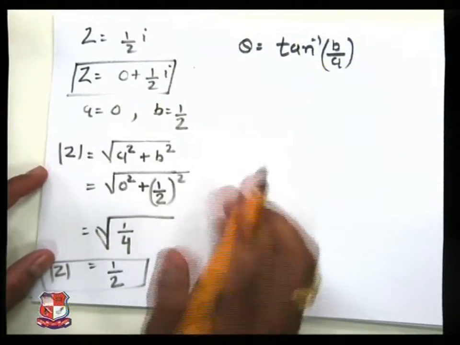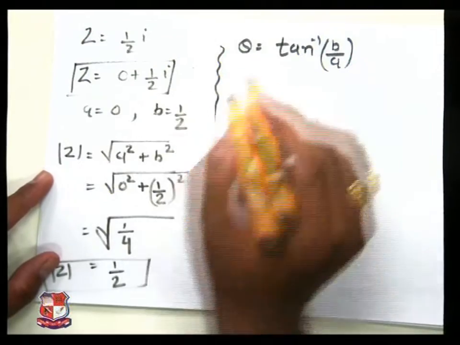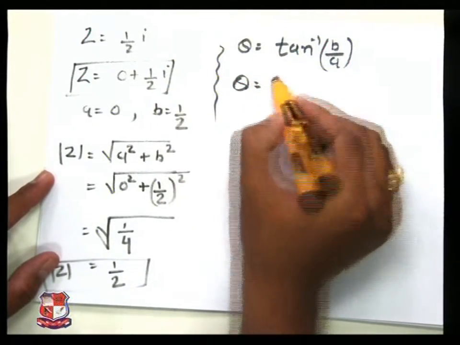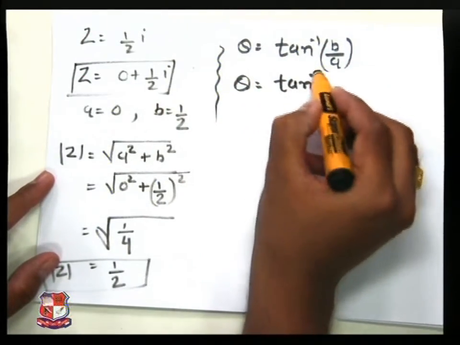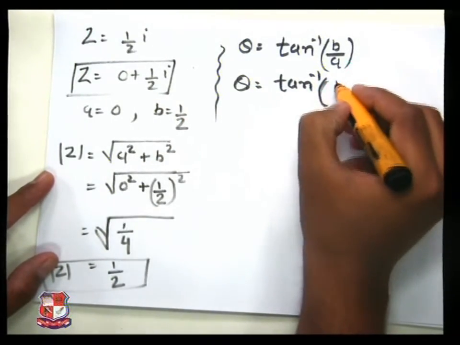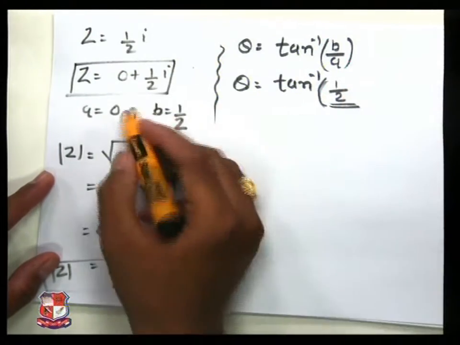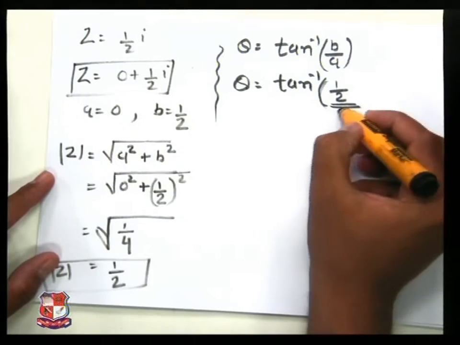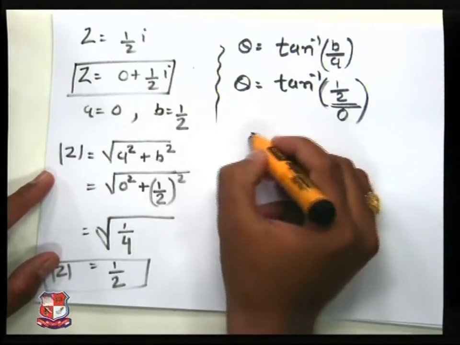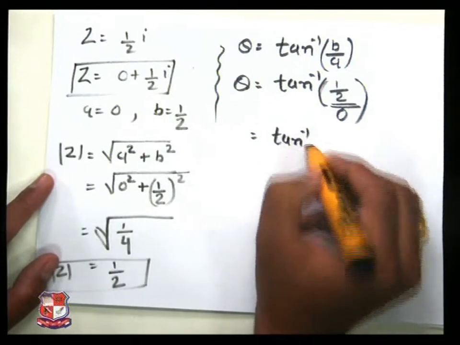So we replace the a value and b value in our theta equation. So theta is equal to tan inverse, b that is 1 by 2, divided by 0, is equal to tan inverse.